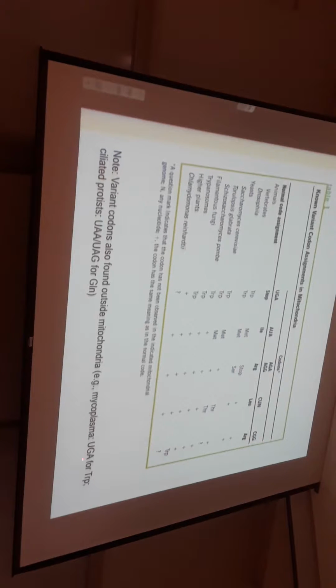So in mycoplasma, for example, UGA is supposedly, I'm not a microbiologist, used for tryptophan, and there are some ciliated protists that use these codons for glutamine. So remember that.